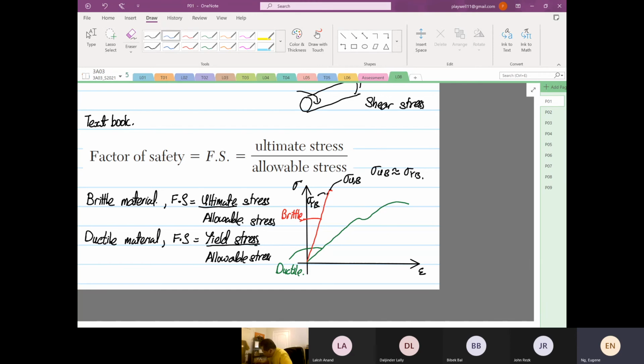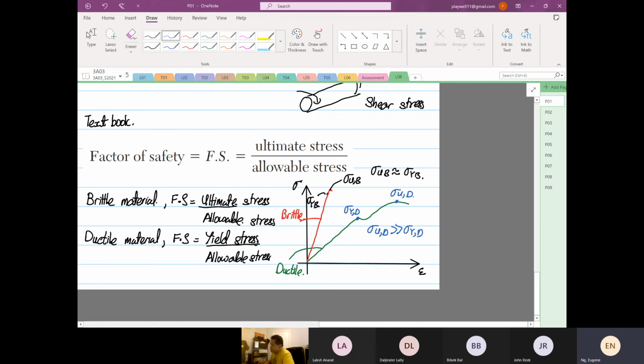Whereas for ductile material, this is my yield, and this is my ultimate, sorry. What you realize is that the ultimate stress for ductile material is so much greater than the yield.